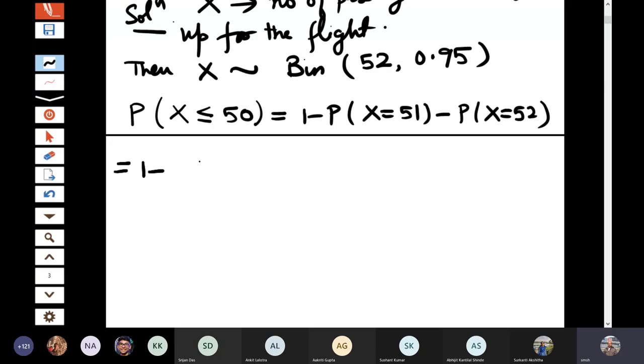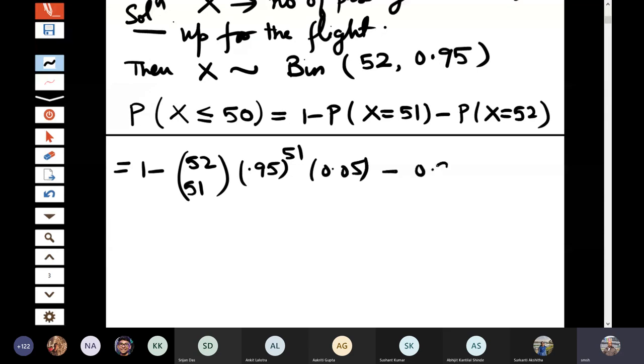So this becomes 1 minus 52C51 0.95 to the power 51 into 0.05, and 0.95 to the power 52. You can evaluate it easily, and this is approximately 0.74. So roughly you can say that the chance that a random passenger will get a seat is 0.75.